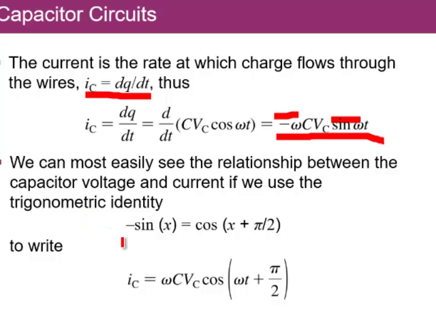And this particular trig identity, you can look it up later, is such that the negative of a sine of an angle is the same thing as a cosine of that angle plus pi over 2. So that allows us to rewrite this as a cosine function by adding a pi over 2 here. And then there will be a term in the front that will be eventually referred to as a maximum value of the current, but that's for later.